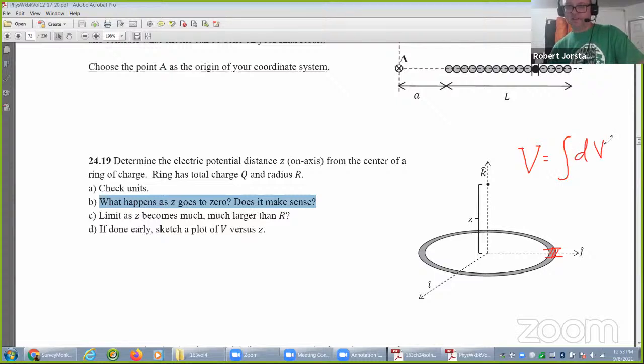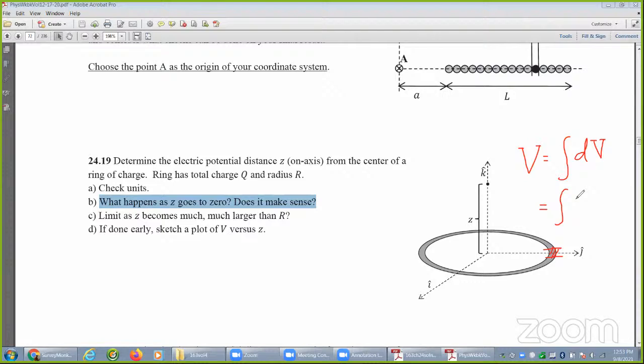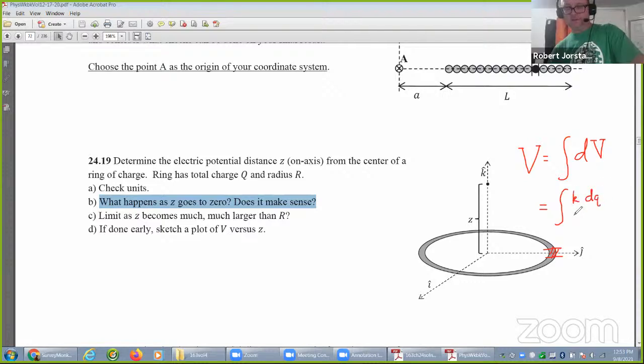We're going to add up all the contributions. Are we going to build up the ring out of rings, or are we going to build up the ring out of point charges? Point charges. So that I'm going to get a K dq over an R.